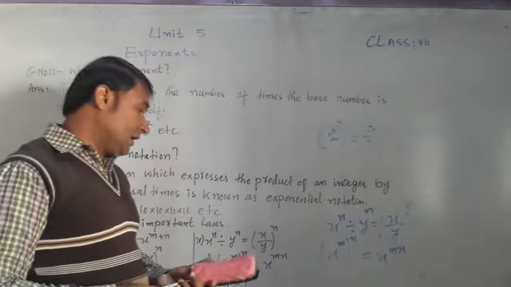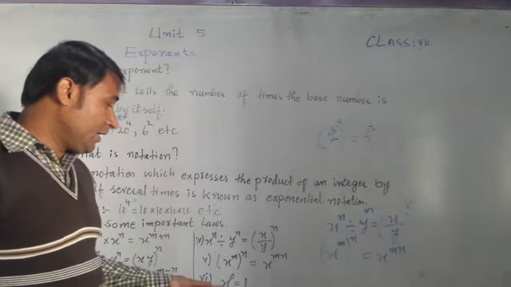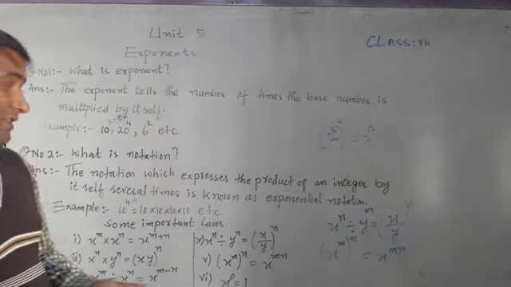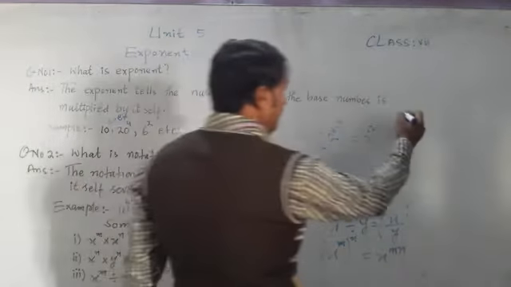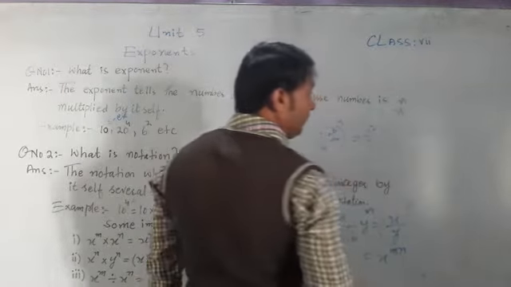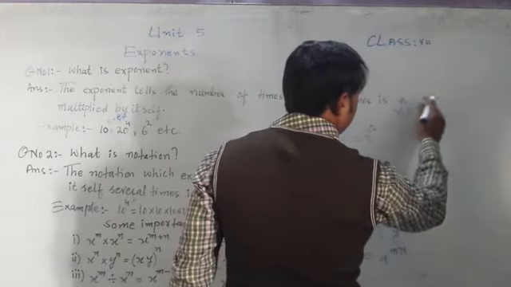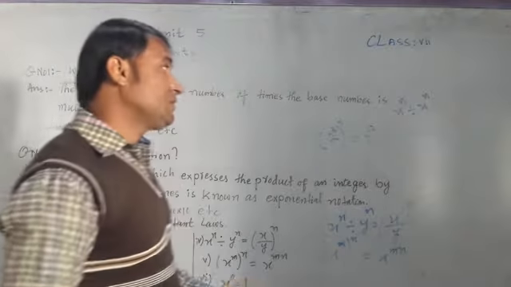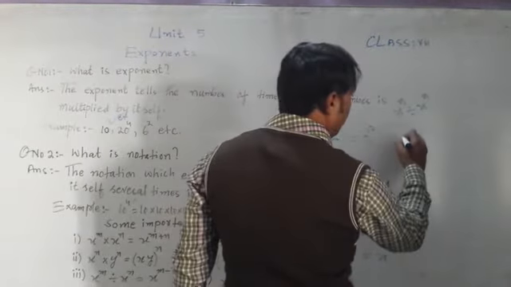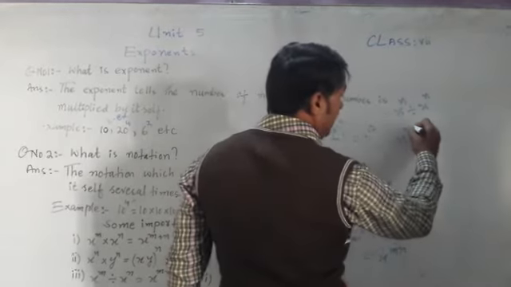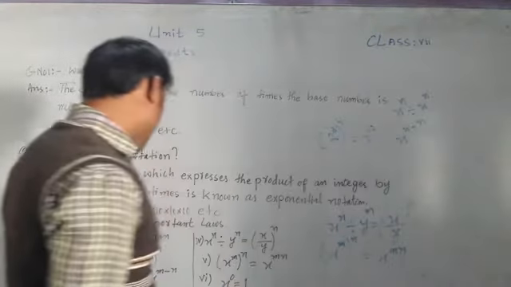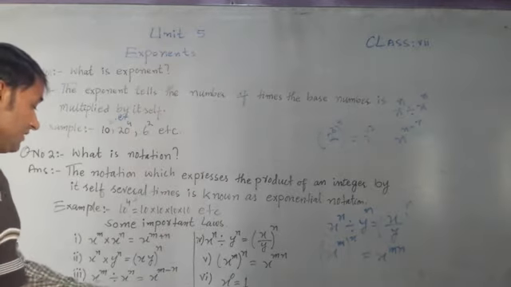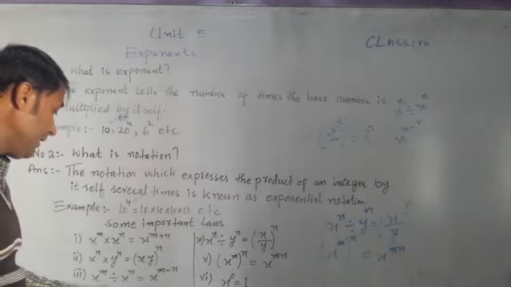We have cleared this before, and today I am clearing it again: when any number has power 0, it is equal to 1. Let's suppose there is x power n divided by x power n, meaning we can write it as x power n minus n according to the rule of number three, meaning when bases are the same, powers we subtract in division.